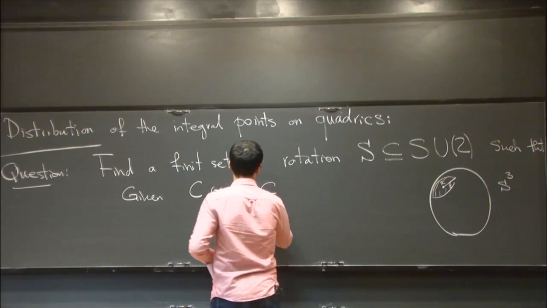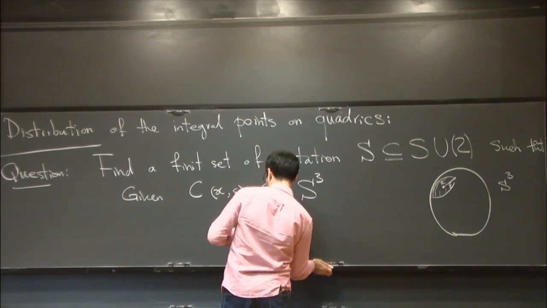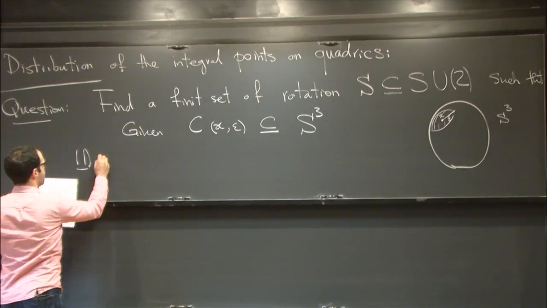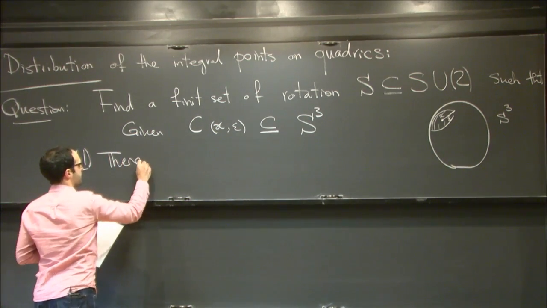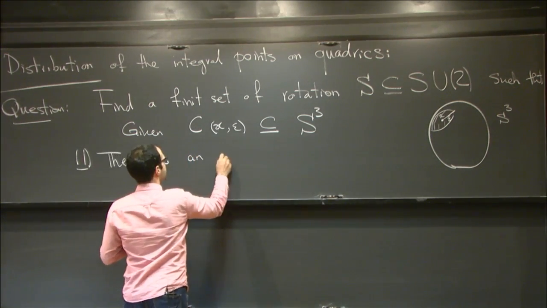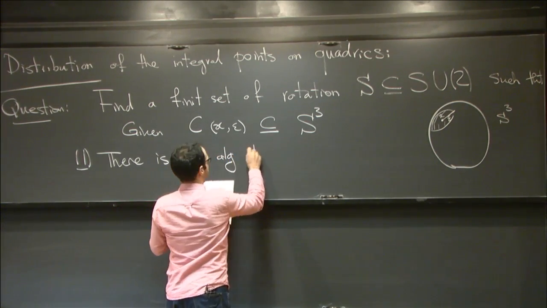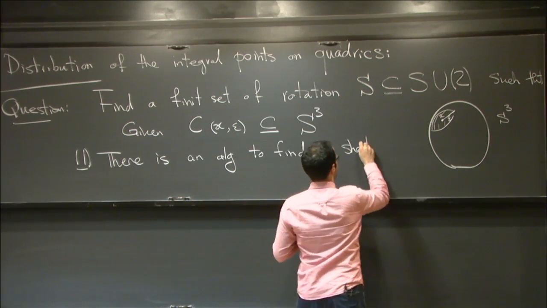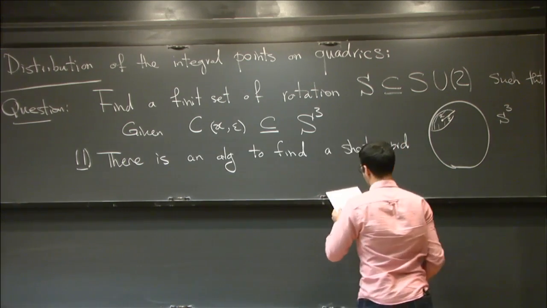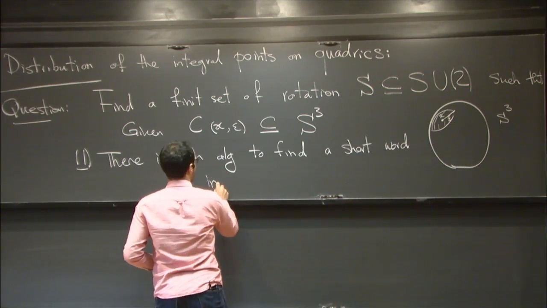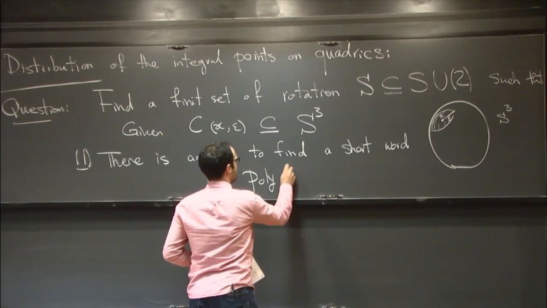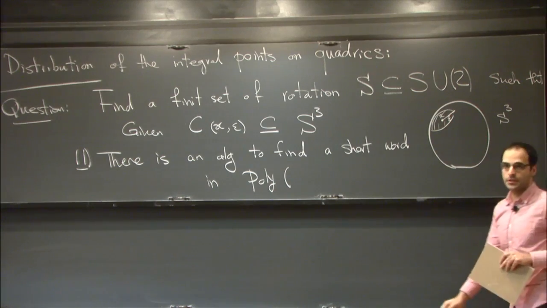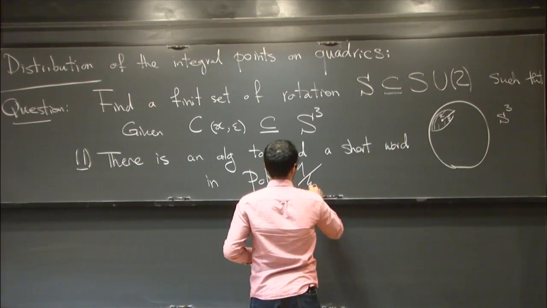Inside S3, you want to have two properties. The first one: there is an algorithm to find a short path, a short word, in polynomial time of the size of the bits that you need to encode this data, which is log of 1 over epsilon.